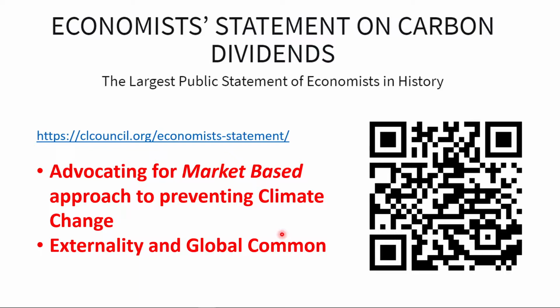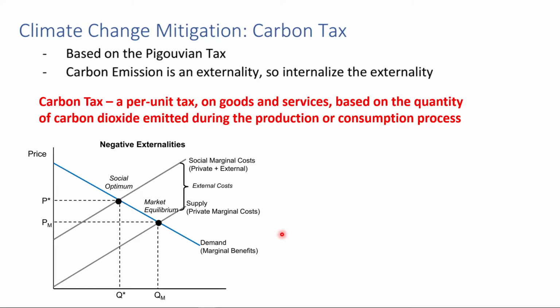Market solutions that can internalize this cost are going to lead to the most efficient outcome, both in terms of the emission amount, the efficient amount of pollution, and more importantly, the efficient amount of pollution reduction.